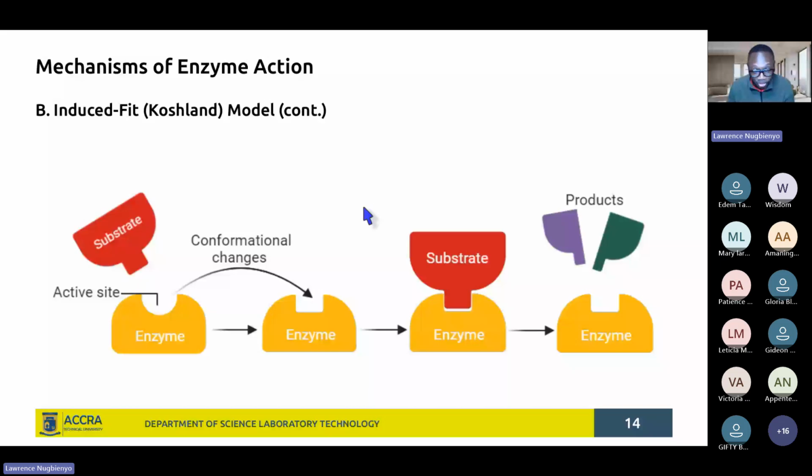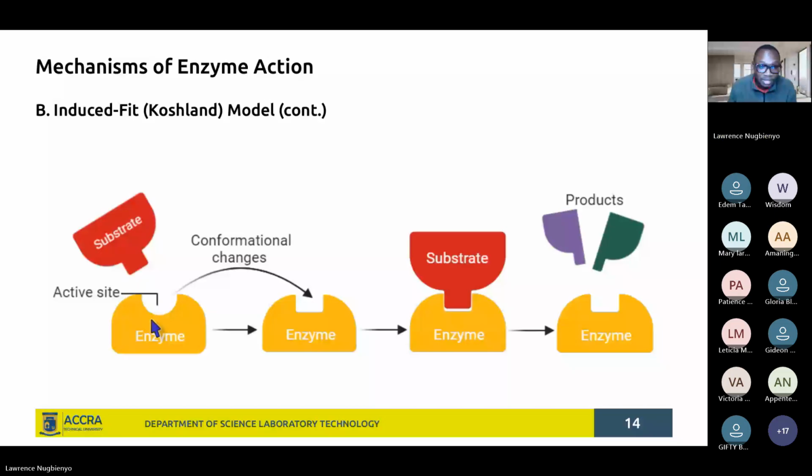So of course, this model fits better than the first model by Fischer, because if you take the first model of Fischer, what it meant was that every single enzyme was going to be substrate specific. It will not act on any other substrate except one.